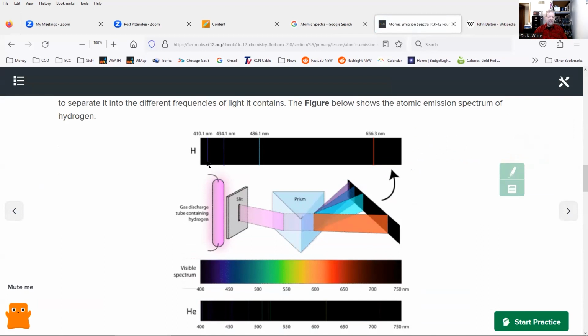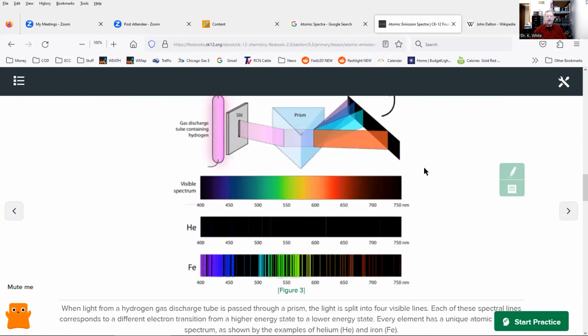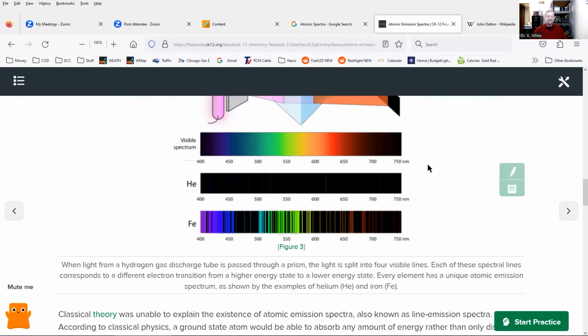And some of them are very hard to see, like 410.1, 434.1, 486 is a little darker, and the red one is 656.3. And whenever you were to heat up hydrogen, that atomic spectra was what you would see.